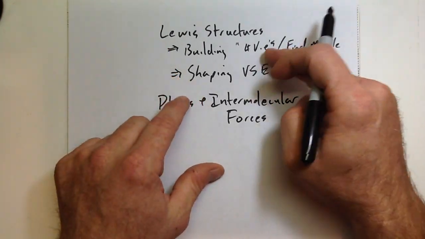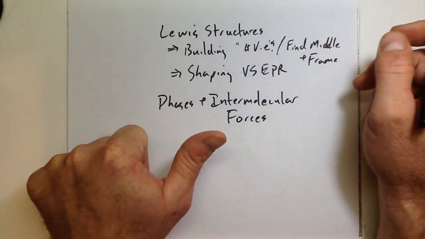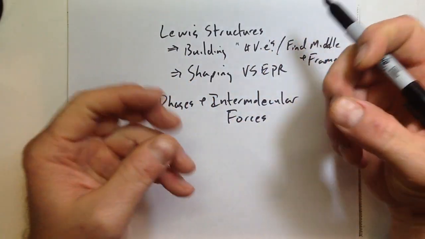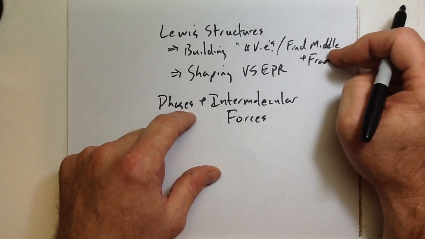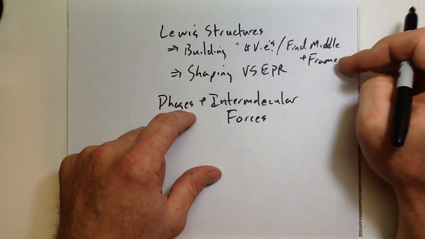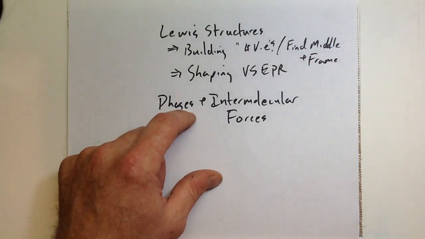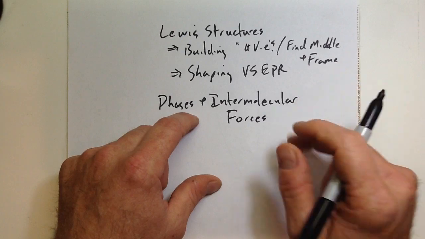So there are 3 parts to this building. It's finding the number of valence electrons you can use to build with, to pull atoms together. The second step is to find out which atom goes in the middle and put all the others around it. That's the framing. And last will be adding the other electrons in, and we'll have one more step on that.